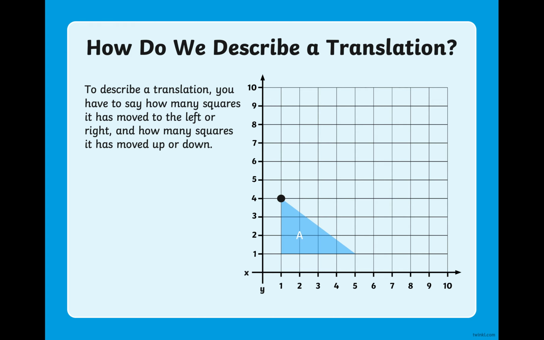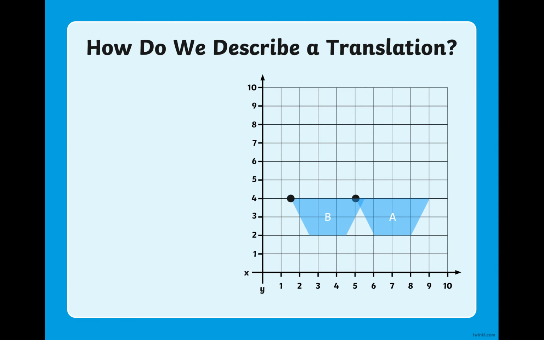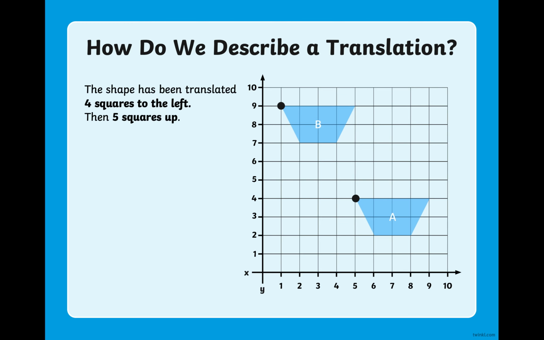So to describe a translation, you have to say how many squares it has moved to the left or right, and how many up or down. Just like we said, each point, each corner of the shape, makes the same movement as one of them. If this one moved like that, the other points also moved the same way. What about this one? It moved 4 squares to the left, 5 squares up.